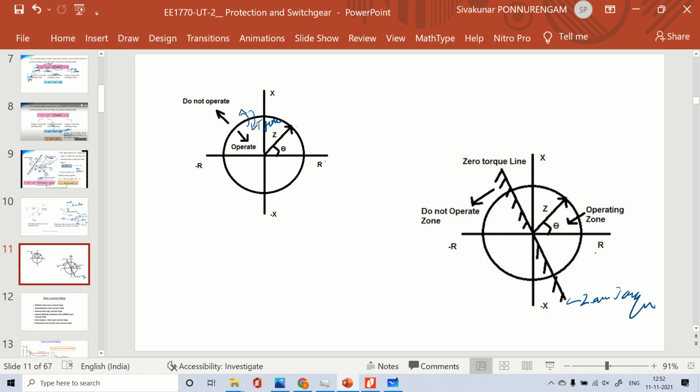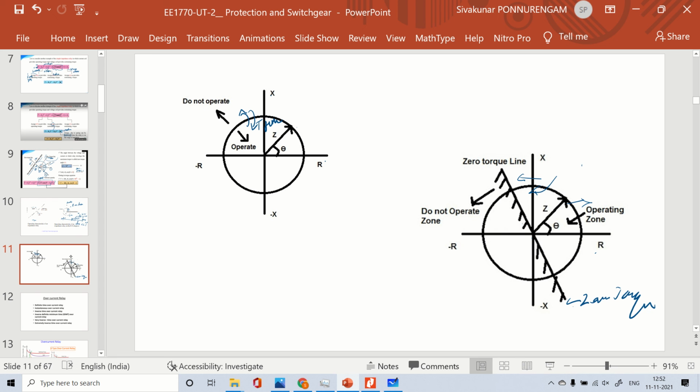Similarly, in the R and X diagram, we provide the maximum value and draw the line. So this part will not operate, and only this part is the operating region. In this operating region, this is the circle. Inside the circle we consider operation, and outside the circle is not operating.